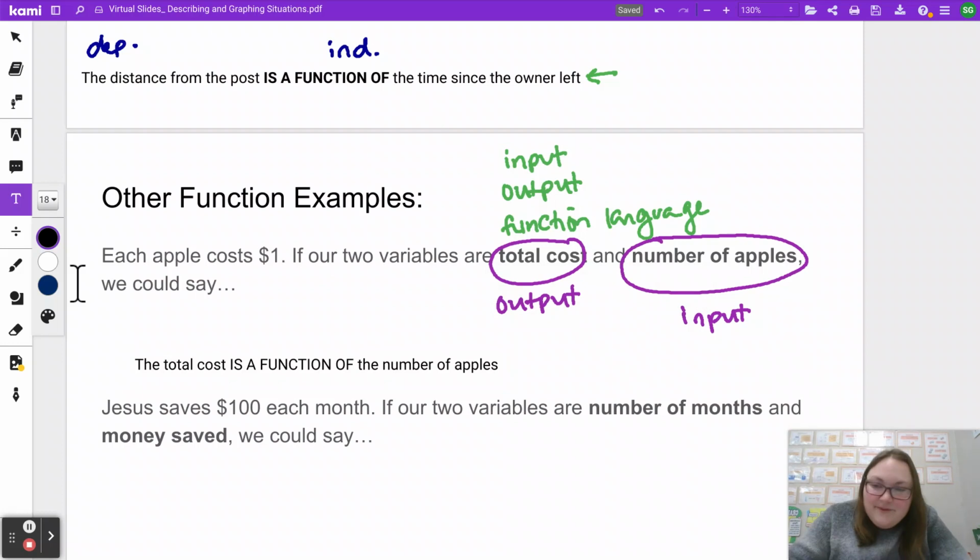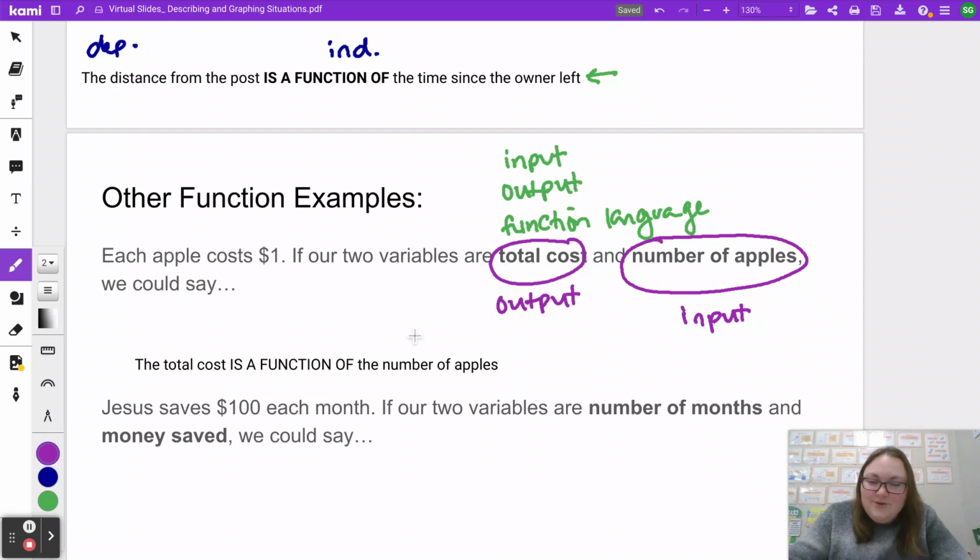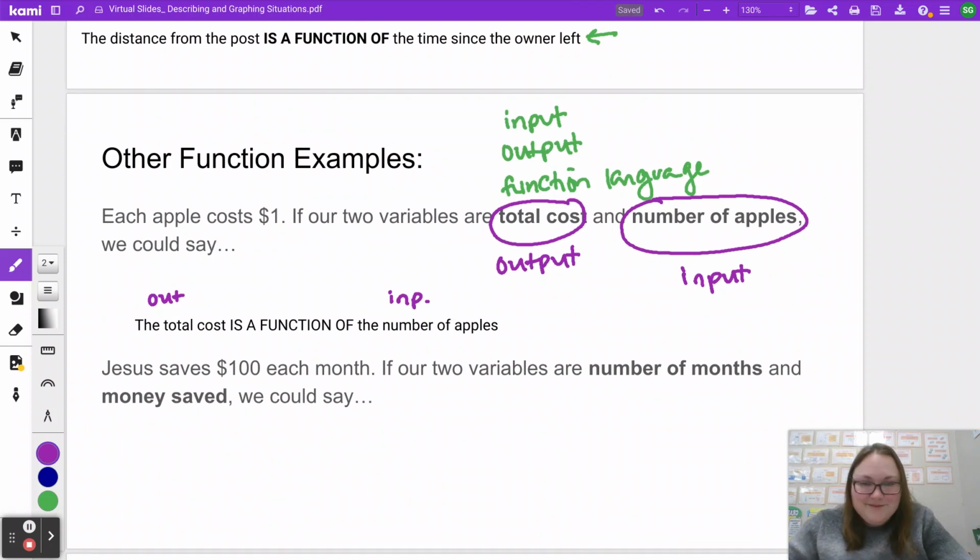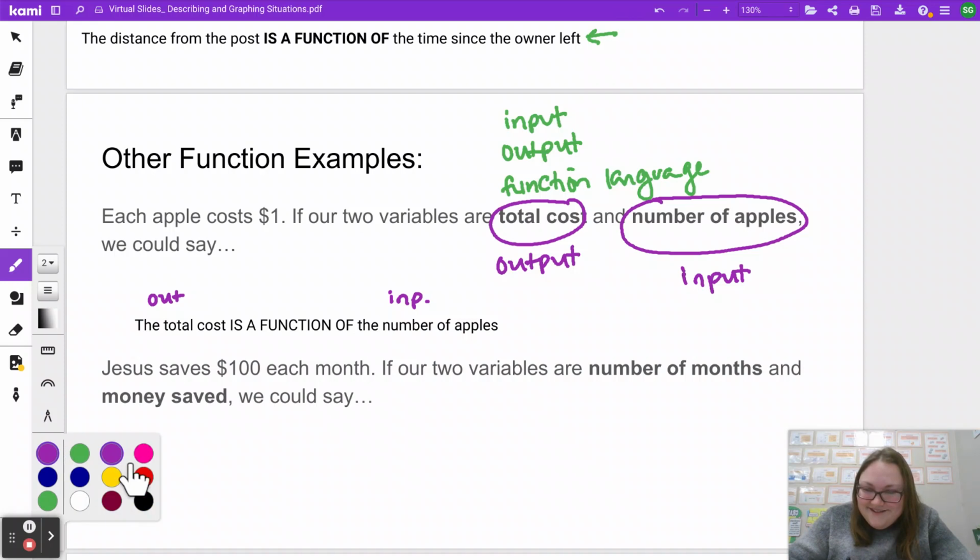The only correct way to write that sentence is in that order. You can't say the number of apples is a function of the cost. It has to be your output first, is a function of, and then the input. If you had a hard time with this first one, pause the video here and try the second one to get that practice in. But if you are ready, I'm going to put the answer up in 3, 2, 1.